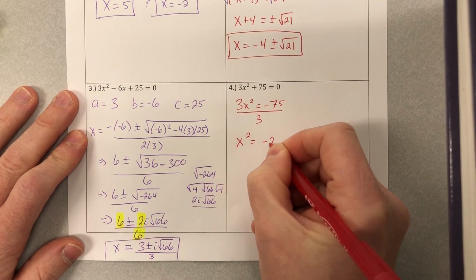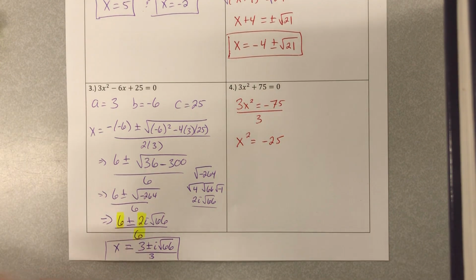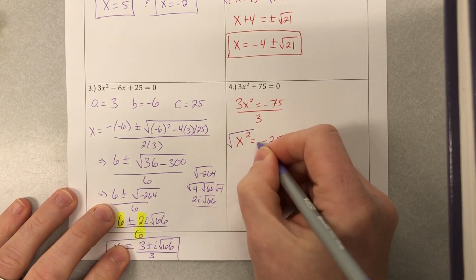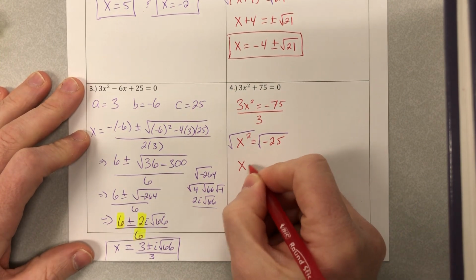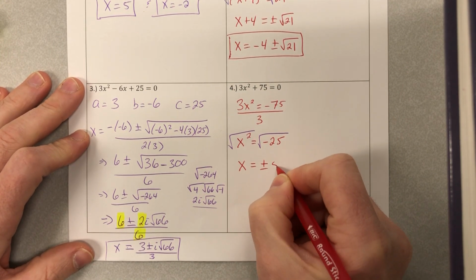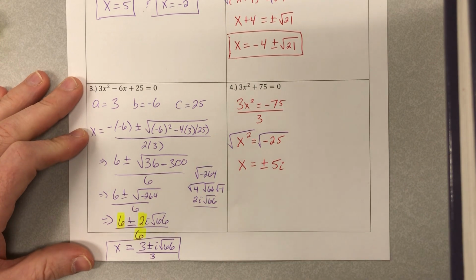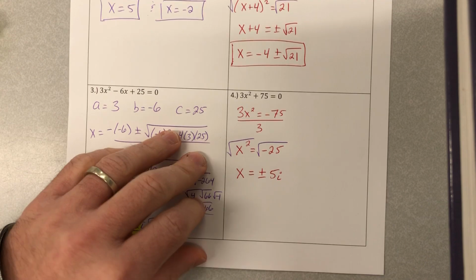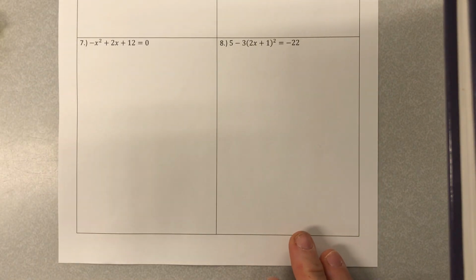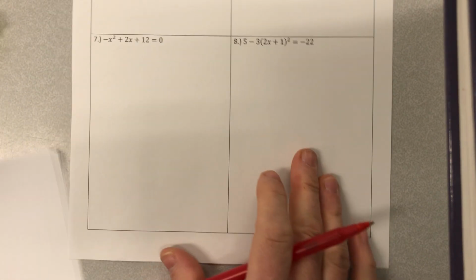We get x squared equals negative 25. We take the square root of each side, and we get x equals plus or minus 5i. So those are some helpful hints to realize what we can do to solve these different forms.